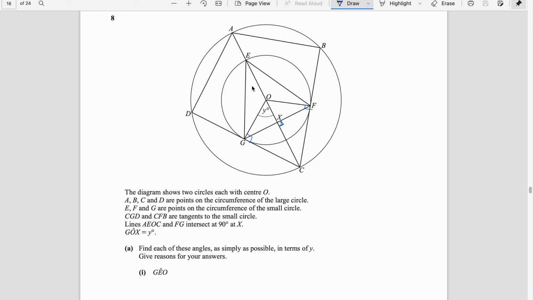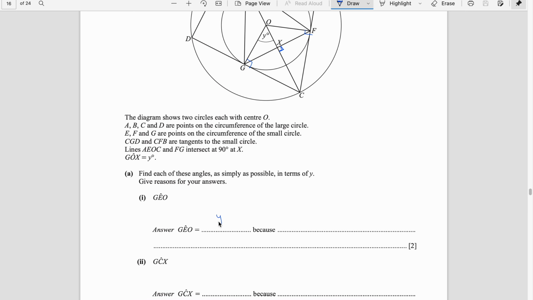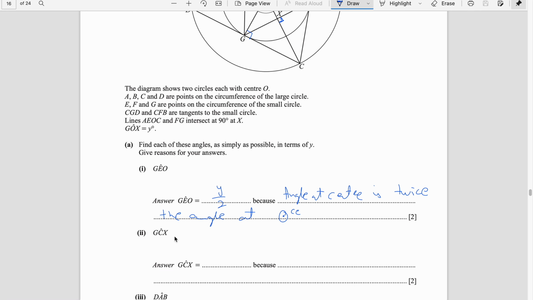Angle at center is twice the angle at circumference. So Y by 2, and the reason is angle at center is twice the angle at circumference. This is the allowed symbol to use for the word circumference.